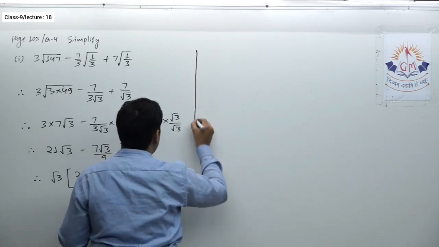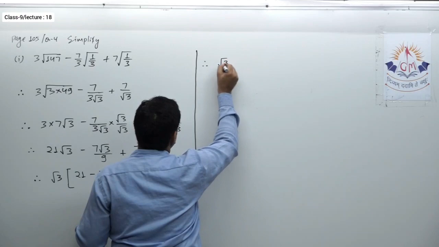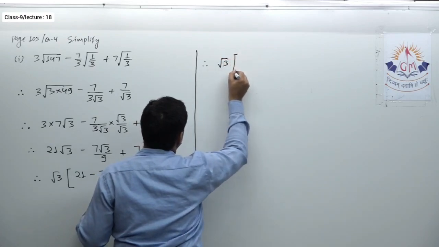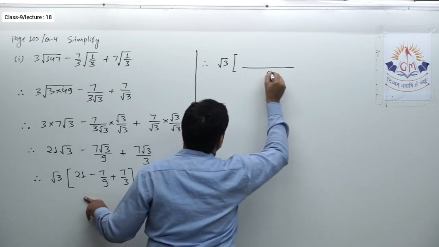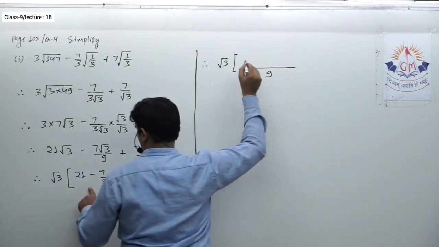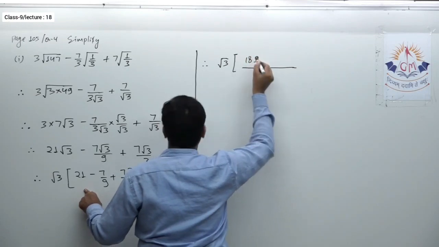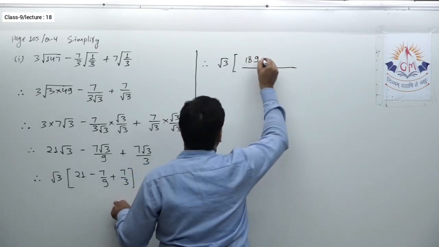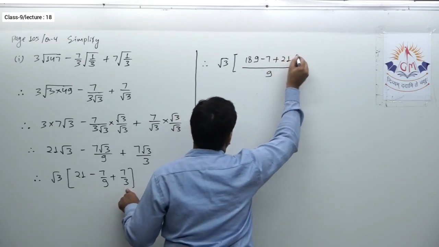Therefore root 3 multiplied by, here the LCM will be 9, so 9 into 21, 189 minus 7 plus 21.